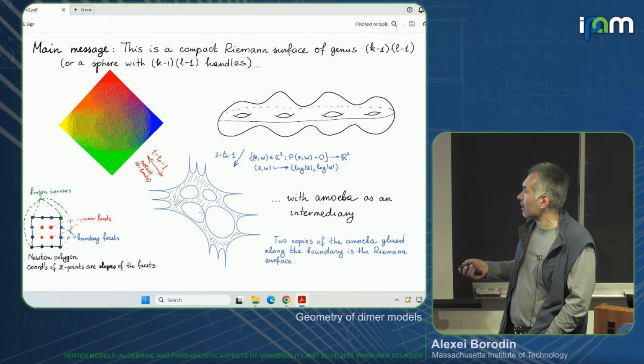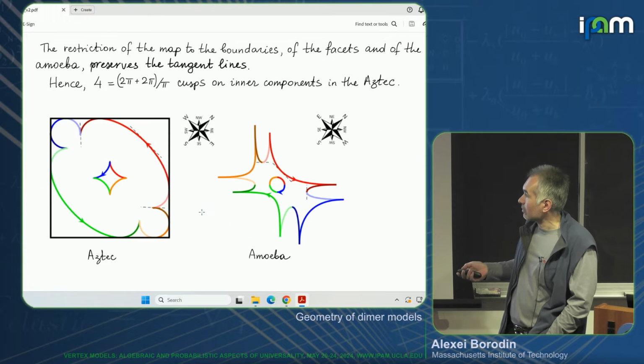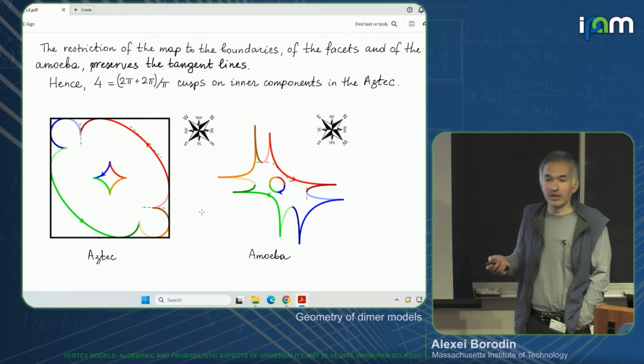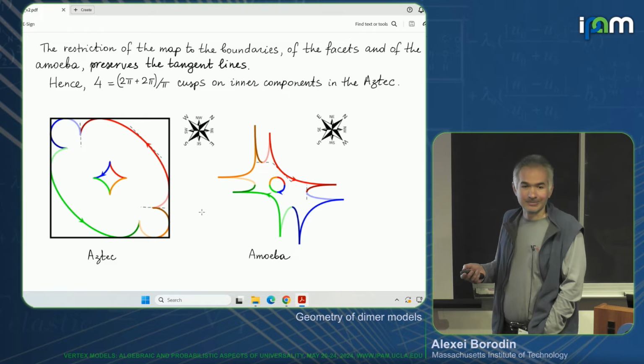If you look at the boundary curves, so here are the boundary curves of the amoeba. So there are four holes, and then there is a boundary here. And there are also boundary curves in the Aztec. So there is an outside boundary over here, and then there are boundaries of these star-like regions in the middle. And so there is a map. The map extends to the map on the boundaries. And not only does it extend to the map on the boundaries, but that map also preserves the slope of the tangent line.